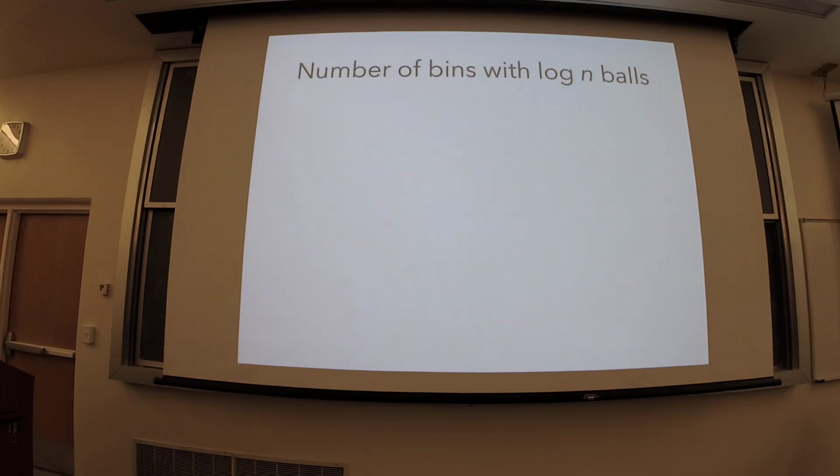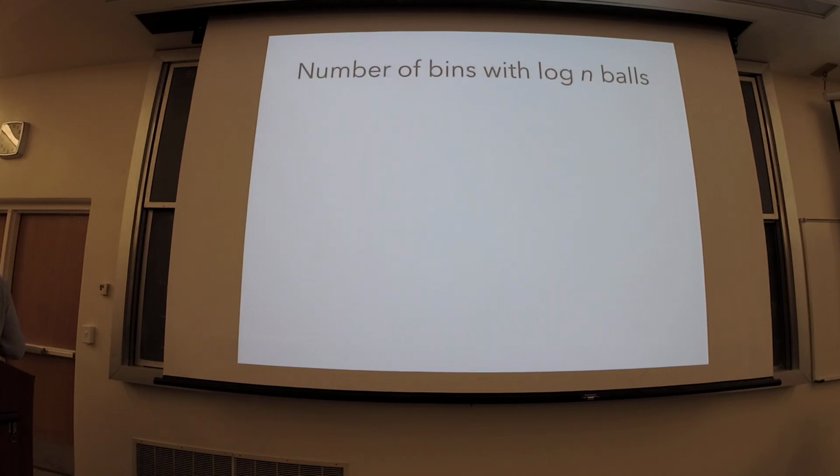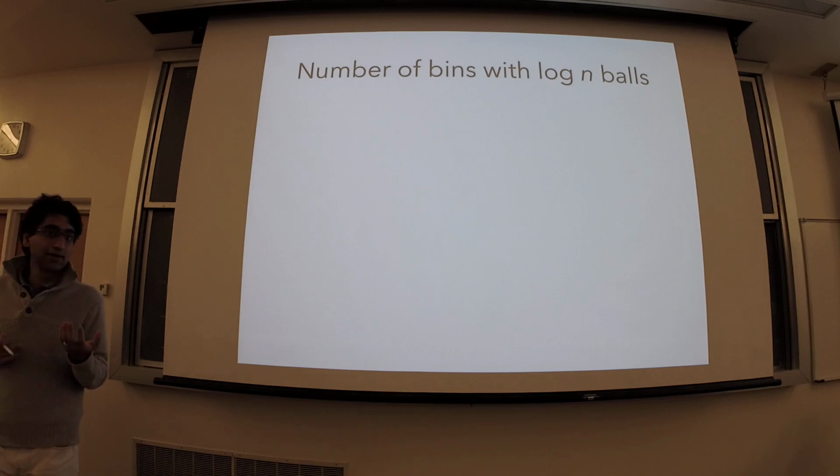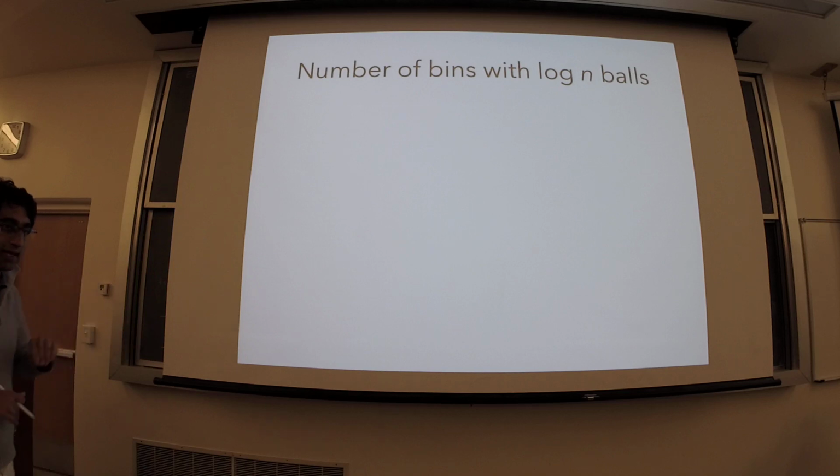All right. So one thing that you should remember is that you should feel confident about defining random variables. Like if you want to know the probability that there exists a bin with log n balls, what is the natural random variable you will define? It is basically that, right? So define a random variable x, which is the number of bins with log n balls.